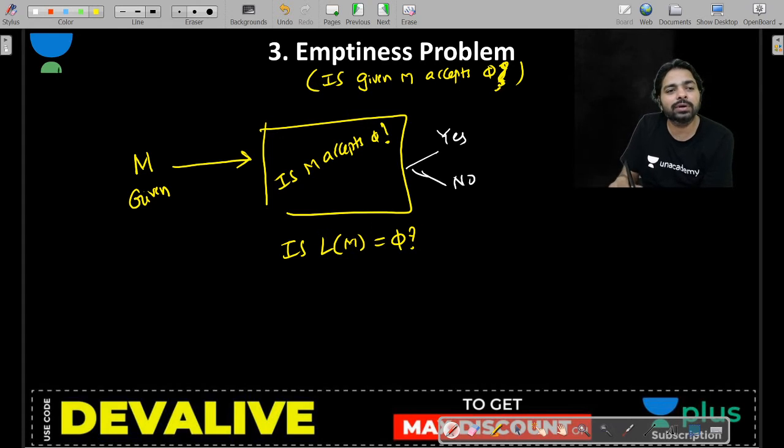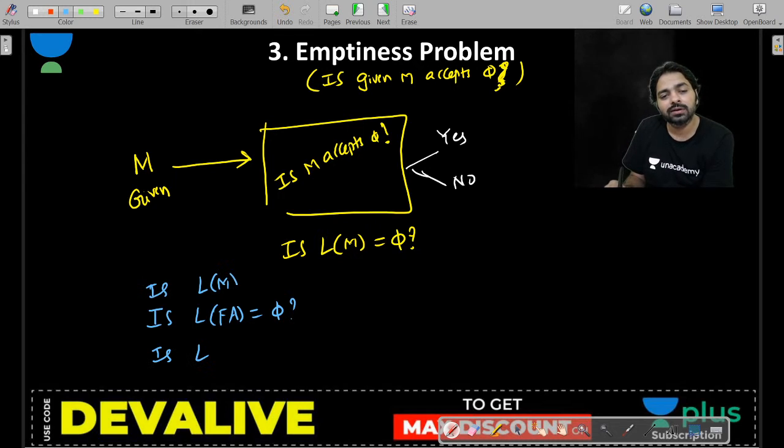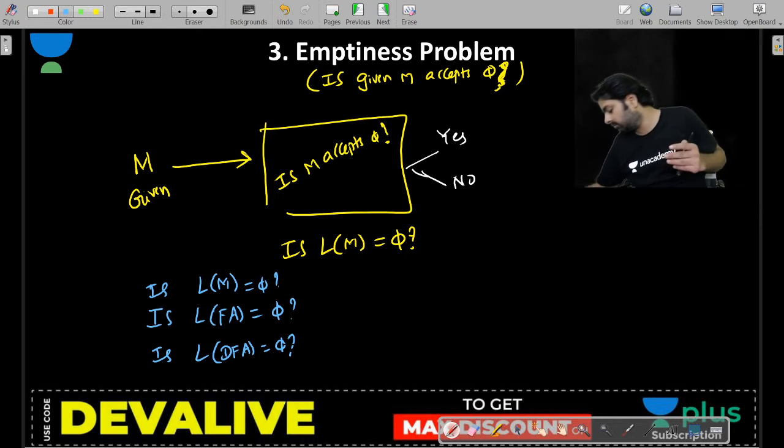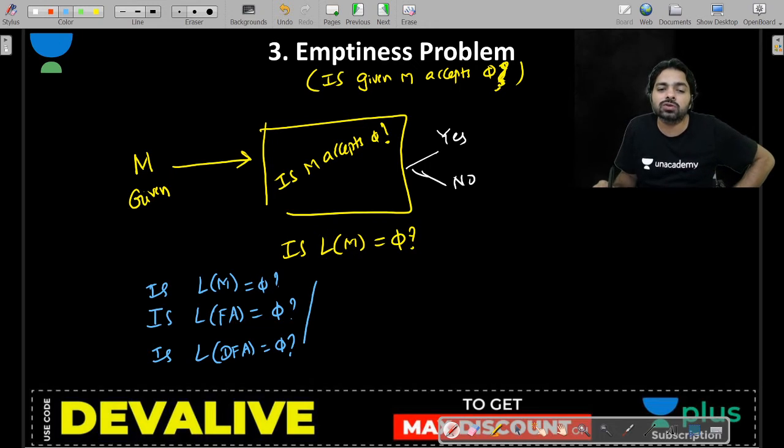Right? This M you can apply like, is L of FA equal to pi? In general it's M, but you can replace it with anything. L of DFA also you can say, like NFA also, and you require an algorithm to support them.